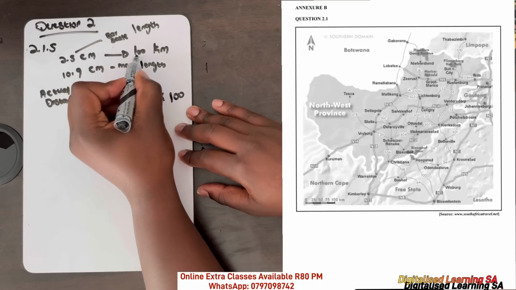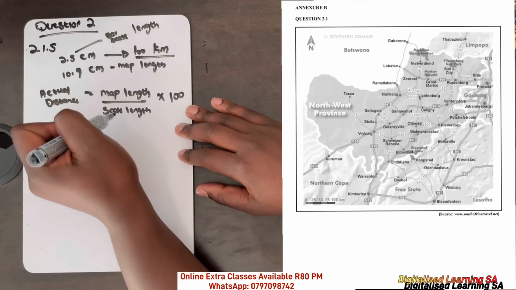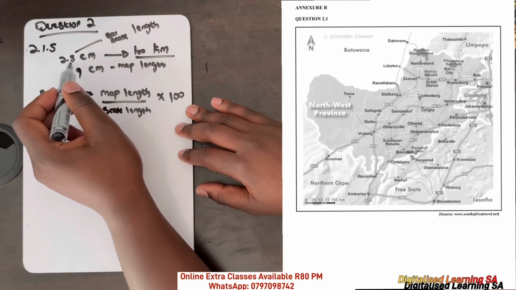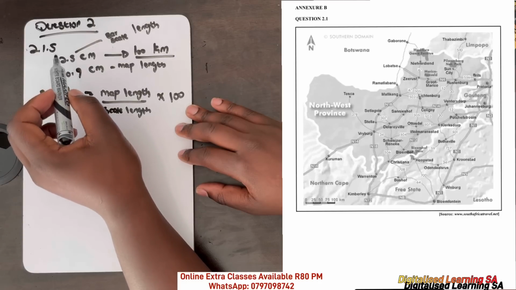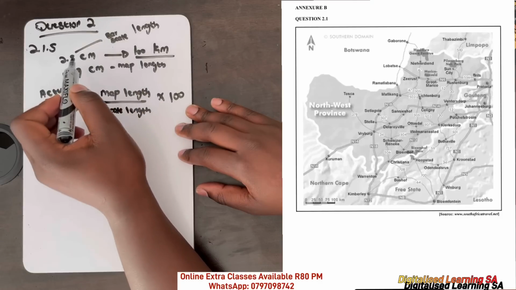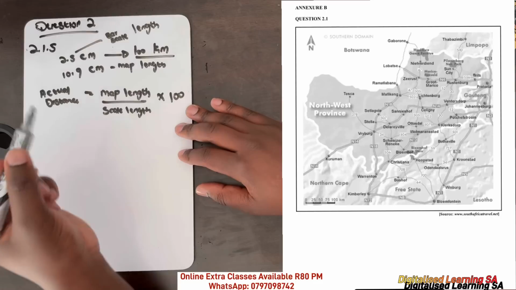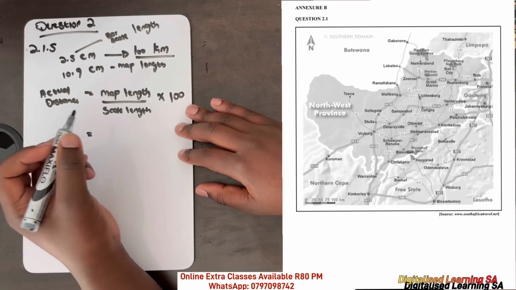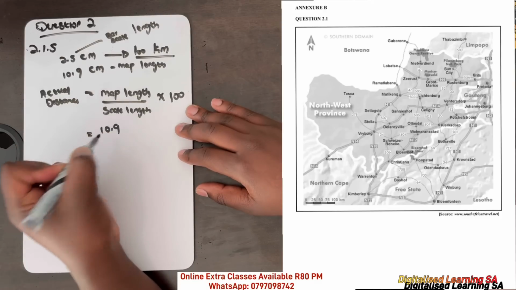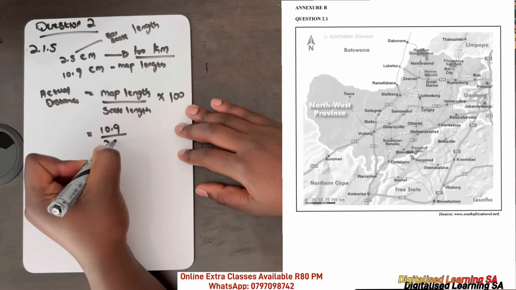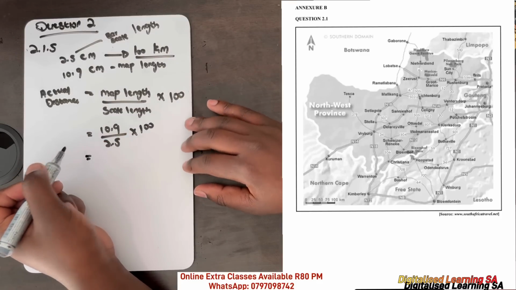This 100 is coming from the bar scale, because we are told that if you travel 100 kilometers, it means that you have covered 2.5 centimeters. Then our actual distance would be our map length, which is 10.9 divided by 2.5 multiplied by 100. So our answer will be in kilometers.